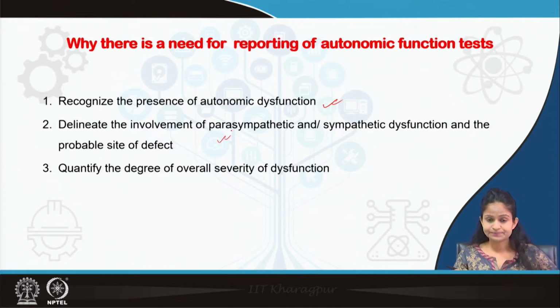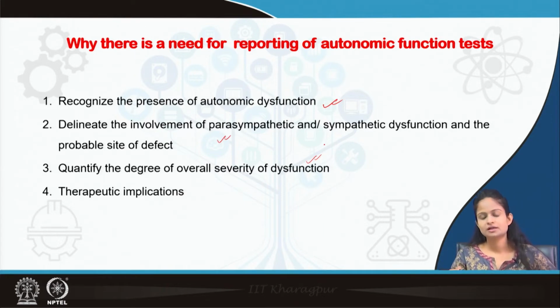Then the degree of severity of the autonomic dysfunction needs to be elucidated, along with the therapeutic implications, like if you are giving cholinergic drugs or anticholinergic drugs, adrenergic drugs, noradrenergic drugs, or beta blockers, alpha blockers. What are the implications of those drugs which could modulate the functions of the autonomic nervous system, and predict the mortality risk in the subjects.